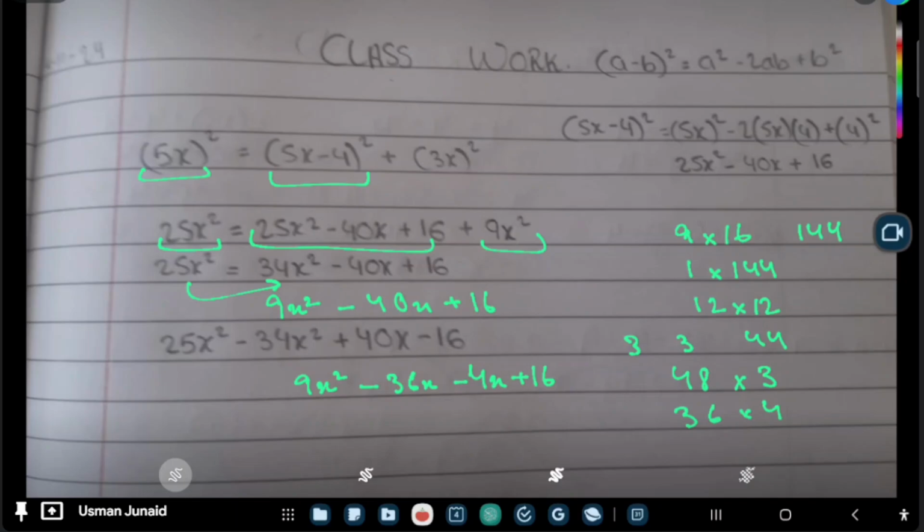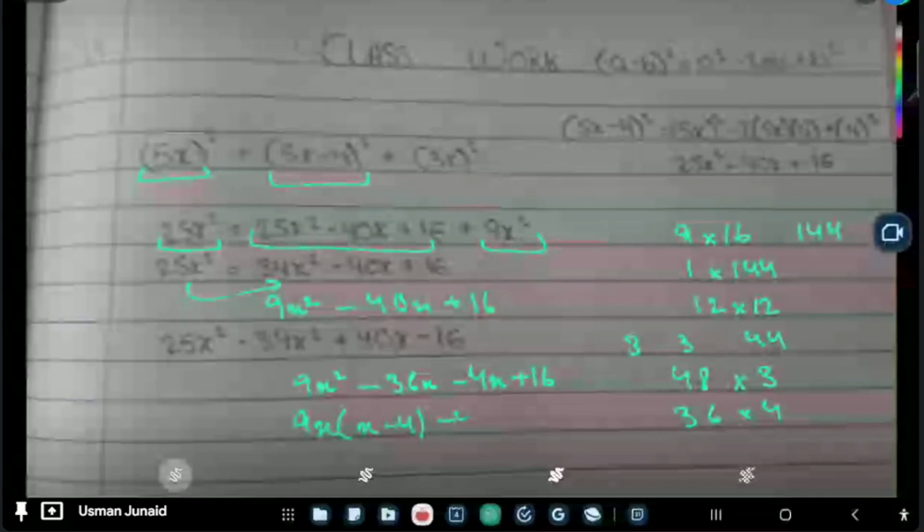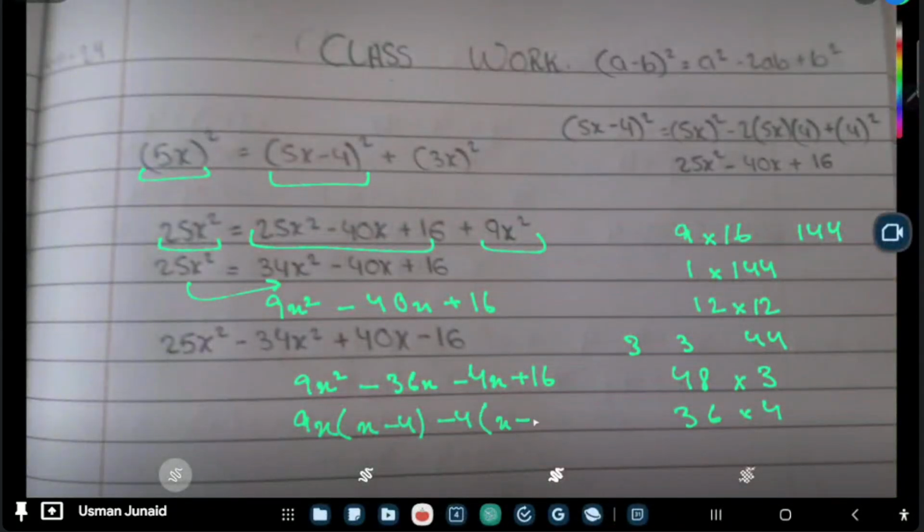Can you take common? What would happen now? What would this look like? So you take 9x common from the first one, x minus 4. You take minus 4 common, x minus 4.